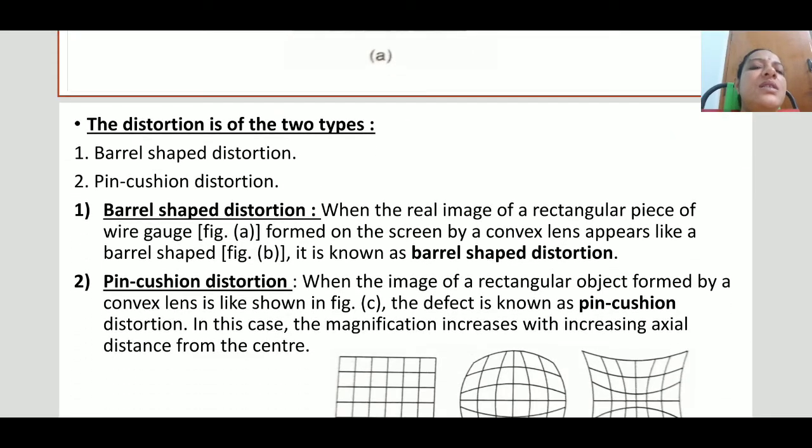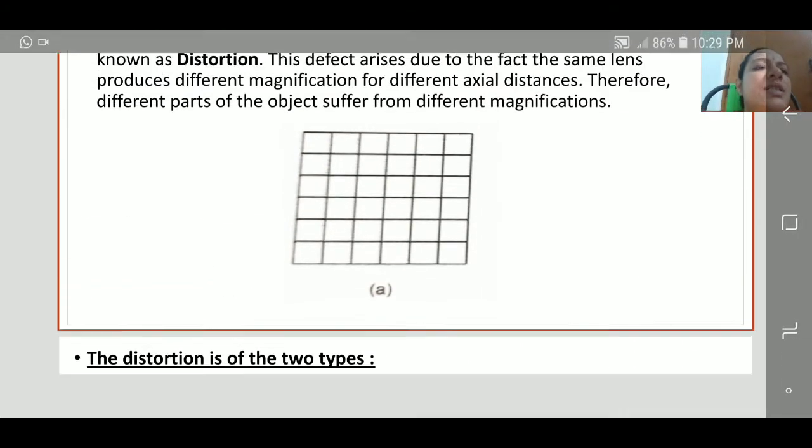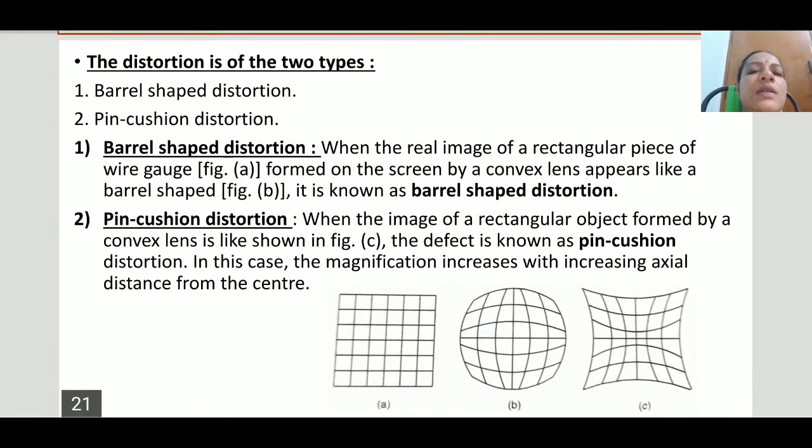Distortion can be of two types: barrel shaped distortion and pin cushion distortion.